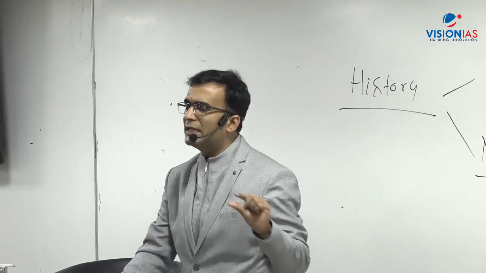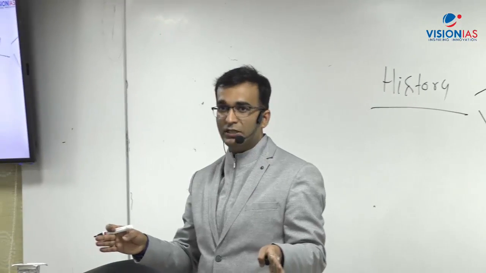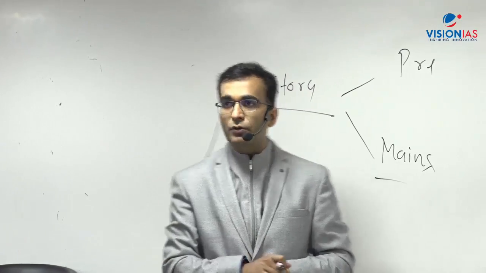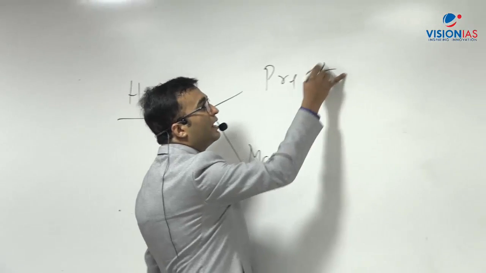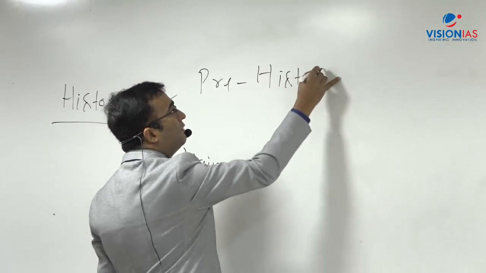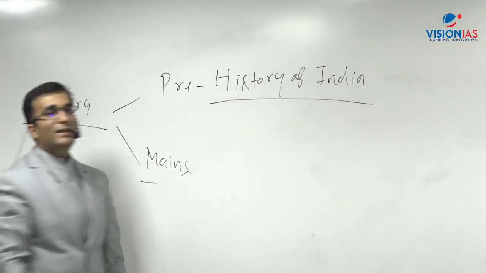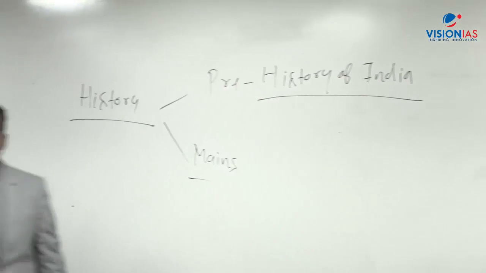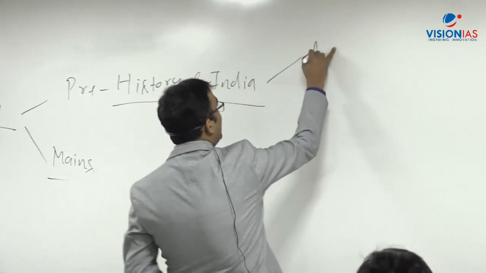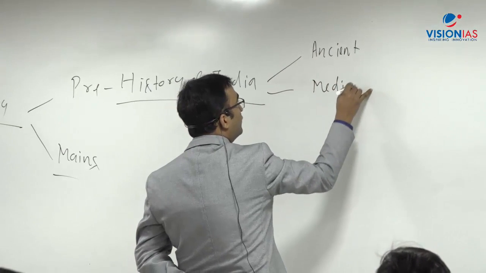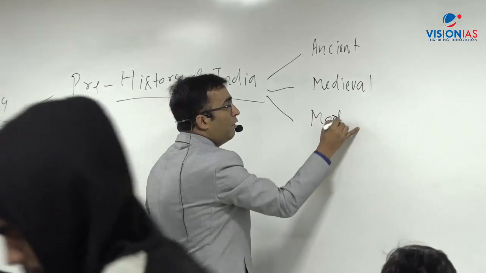But when you look at the prelims syllabus, it is not very specifically mentioned. Each and every aspect of the syllabus is not specified, but in broad language it is given: it will include history of India. This one line, history of India, particularly includes ancient, medieval and modern history.